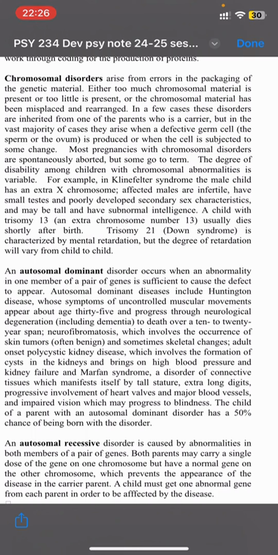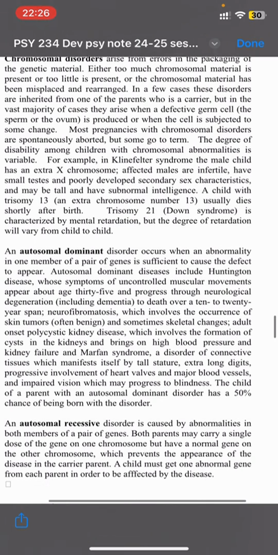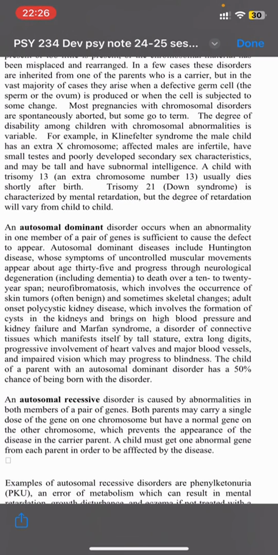You'd have that disease immediately. Autosomal dominant diseases include Huntington disease, whose symptoms of uncontrolled muscular movement appear about age 35 and progress through neurological degeneration, including dementia, till death, over a 10 to 20 year span.